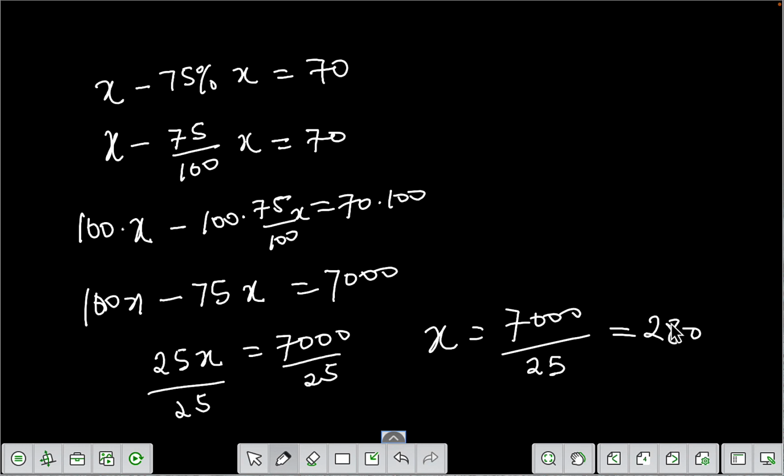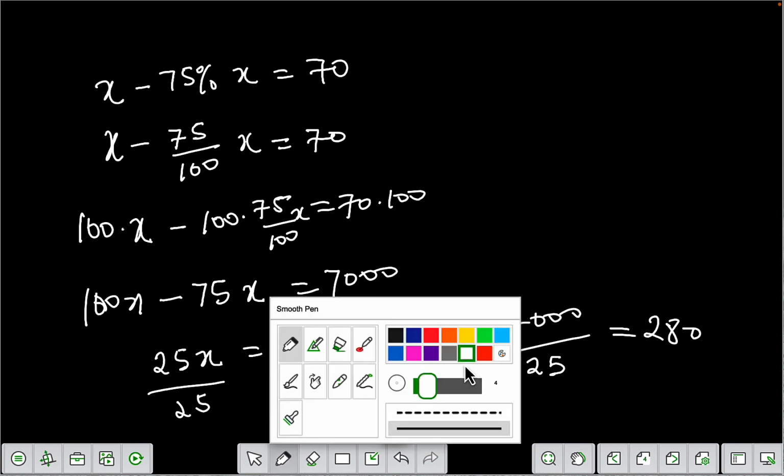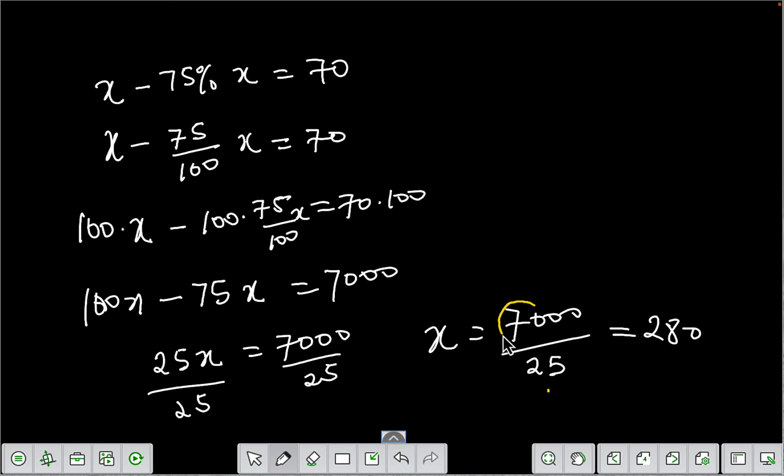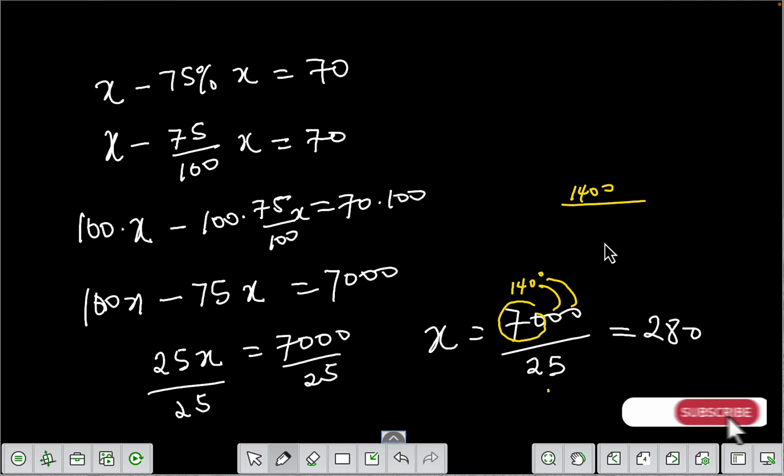If you don't have a calculator, you can break it down, because you know that any number that ends with 0 is divisible by 5, and 25 is also divisible by 5, right? So you could do that. 5 will go into 70, so 14, right? And then there's a 0 here, there's a 0 there, so that will be 1,400 all over 5, because 5 goes into 25, 5, right?